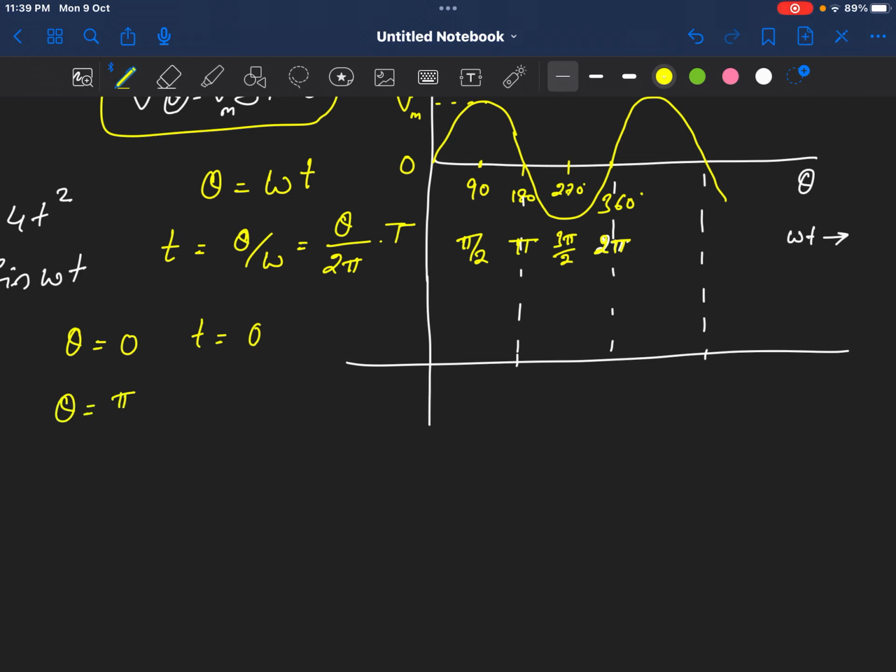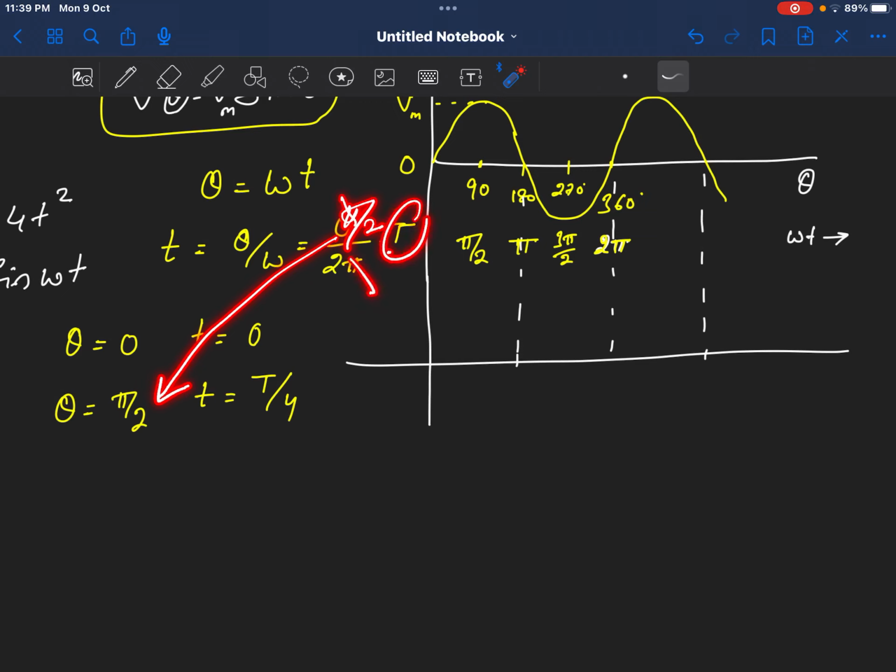When theta is equal to pi by 2, here pi cancels, so t is equal to T by 4.